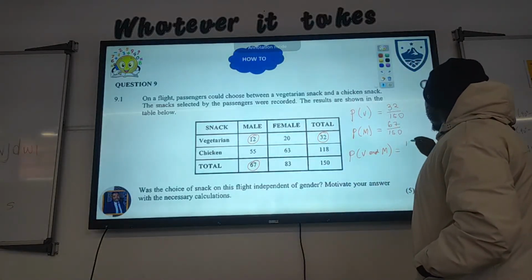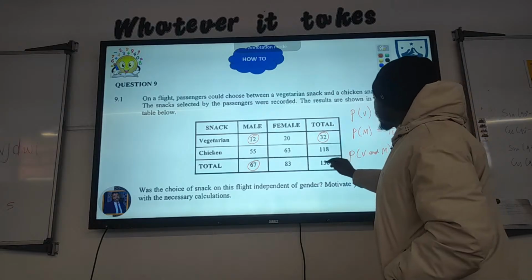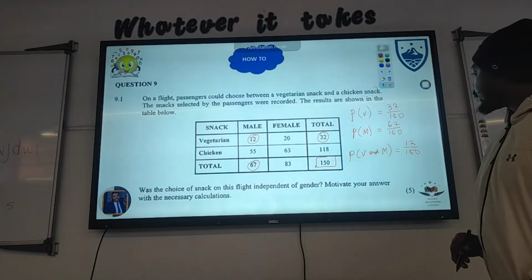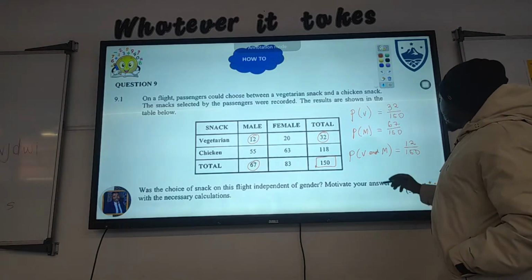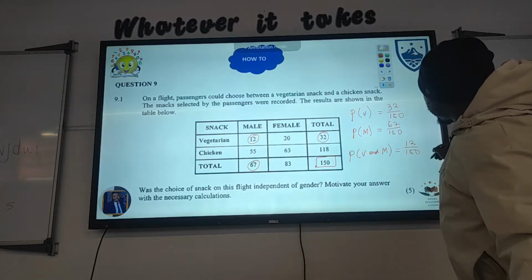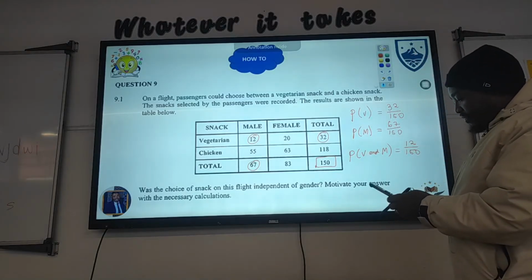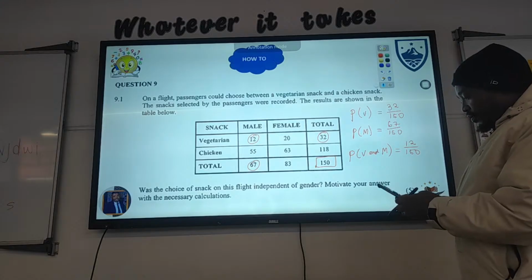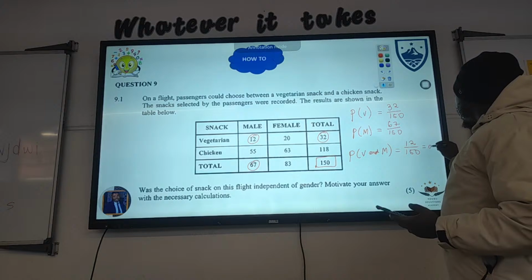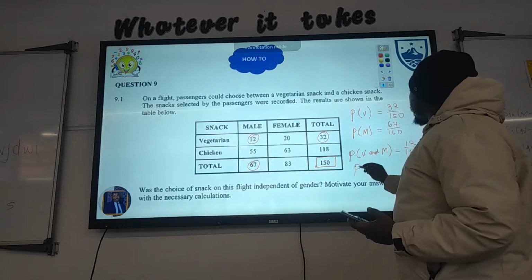So this will be 12 out of the total number, which is 150. Let us see: 12 divided by 150 is 0.08. Let's see when we multiply these, will it give us 0.08?